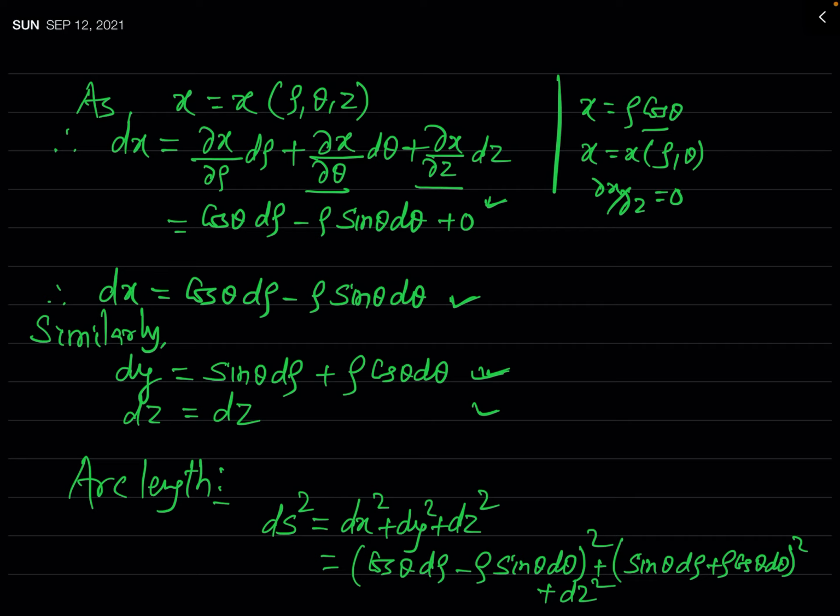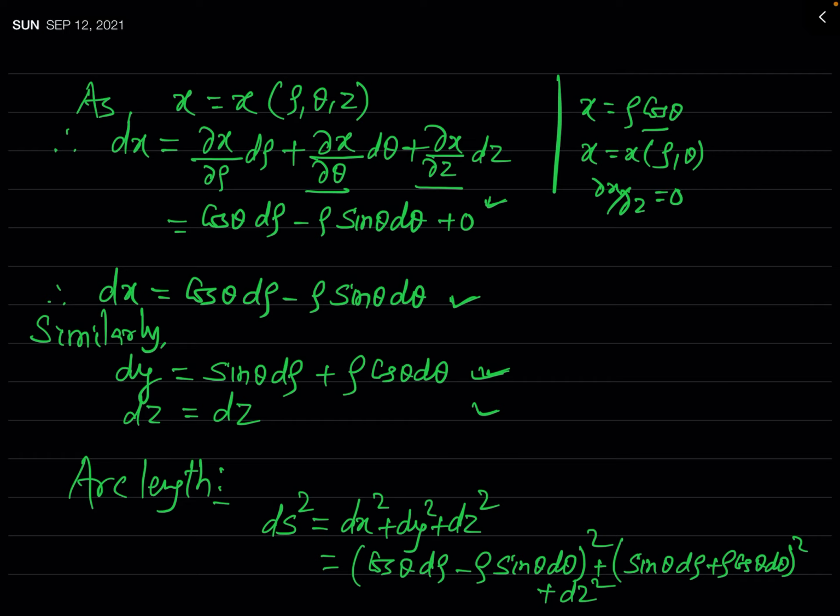You can simplify this expression, and you can easily see the first term will be cos square theta d rho square, and there will be sine square theta d rho square. So when you take d rho square as a common factor, you get cos square theta plus sine square theta.